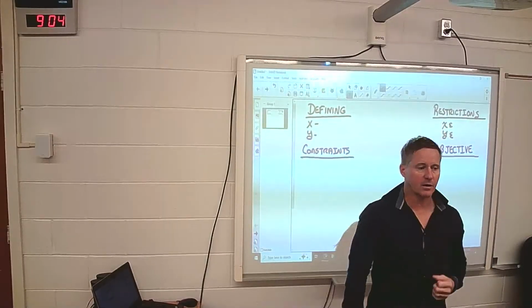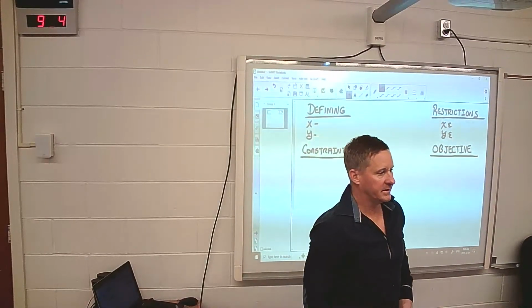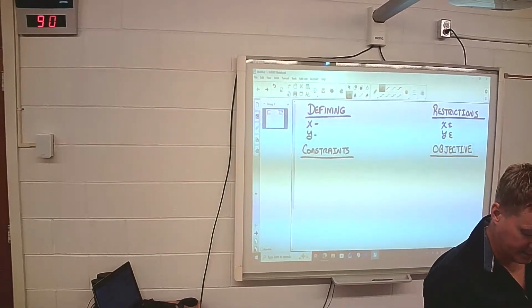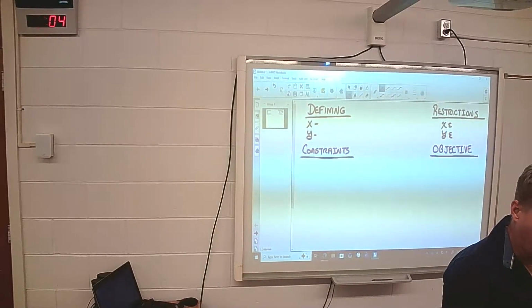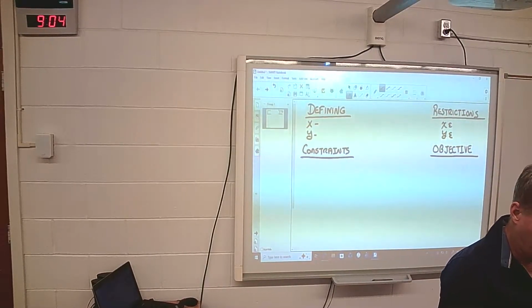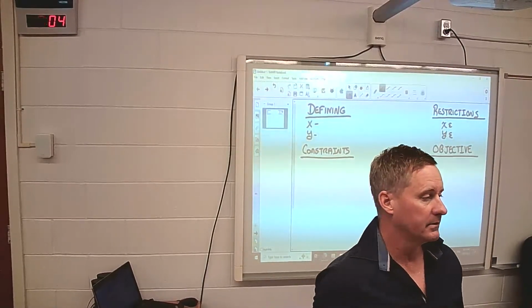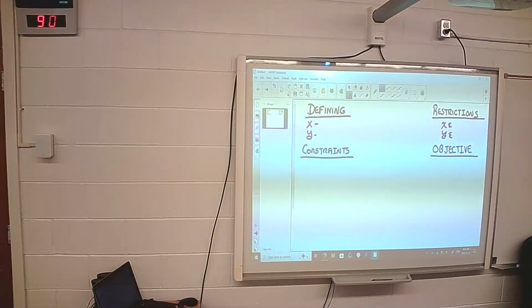So the first thing that we're going to do, I want you to set up this, and we're going to add to it using the information that's provided to us. 4 teams are traveling to a baseball tournament in cars and minivans. The very first thing that I'm going to do is read the whole question once.